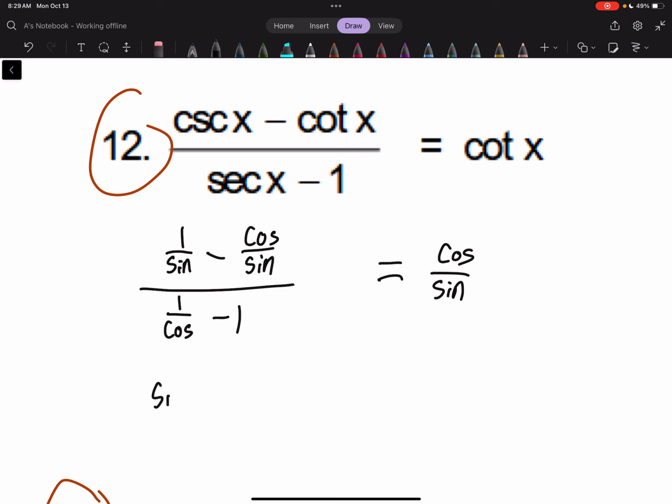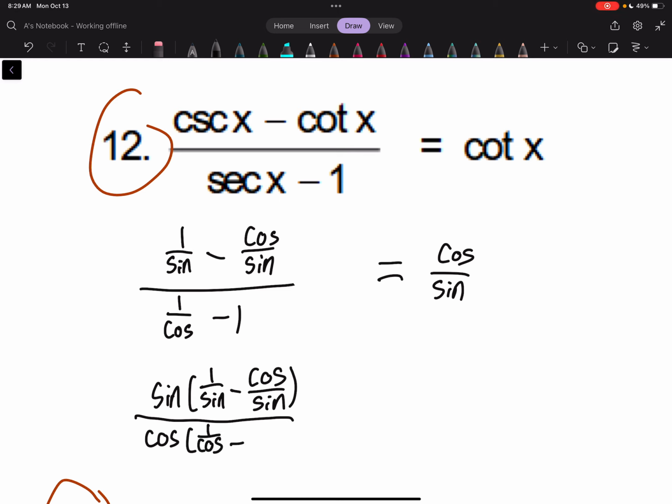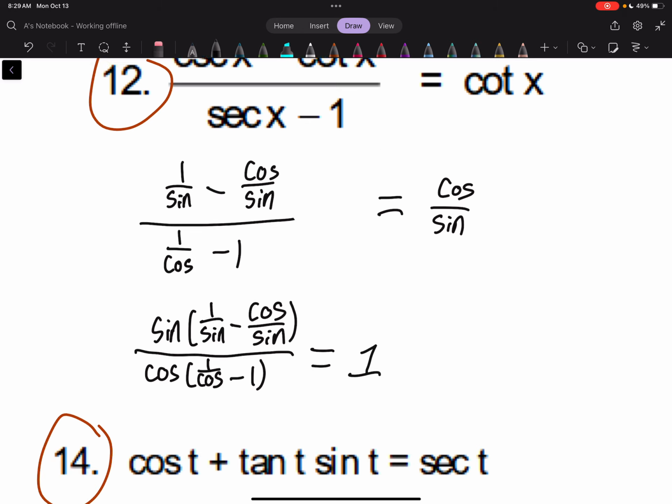So this is sine of 1 over sine minus cosine over sine over cosine times 1 over cosine minus 1 equals, my right side will be 1 since I divided by the cosine divided by sine.